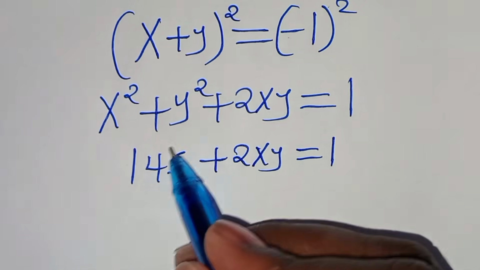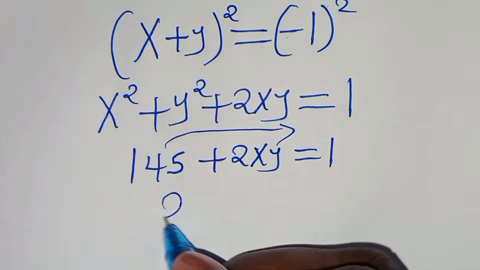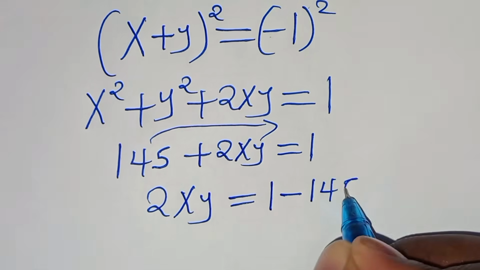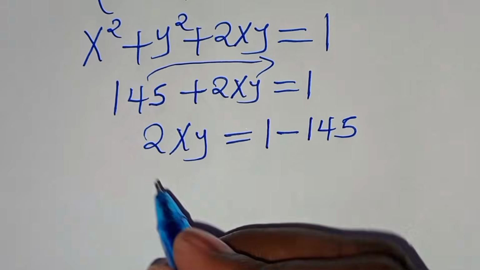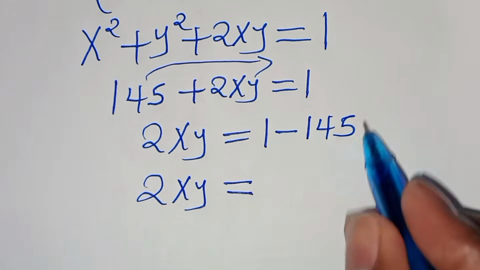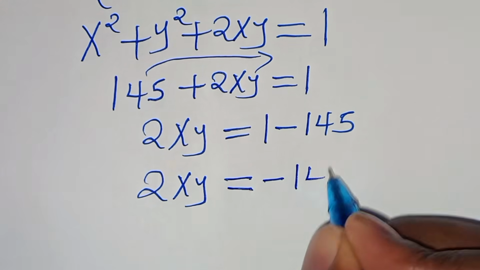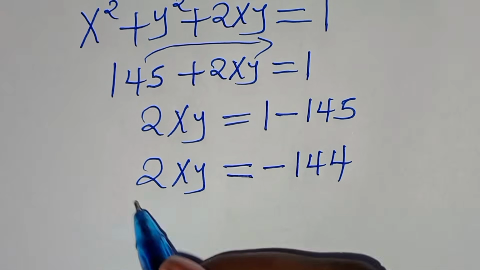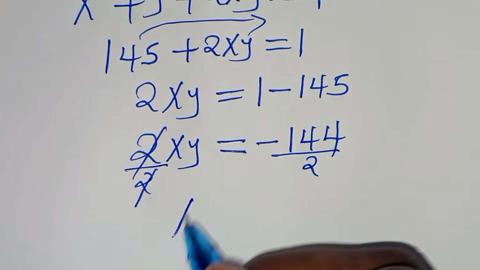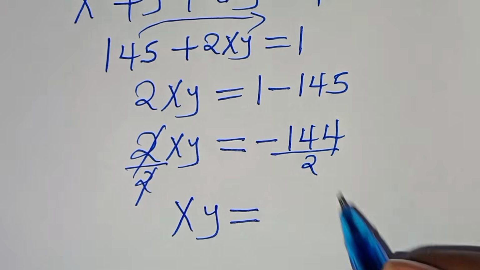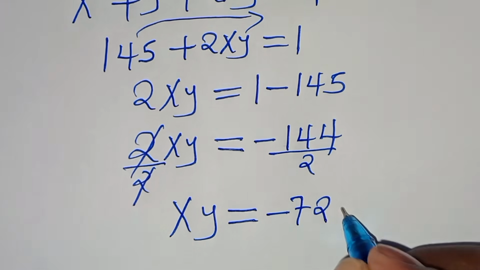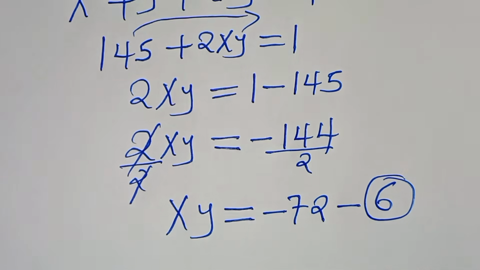Let's take 145 on the right hand side, so that 2xy is equal to 1 minus 145, which is minus 144. We can divide both sides by 2, so that xy is equal to minus 144 divided by 2, which is minus 72. Let's call this equation 6.